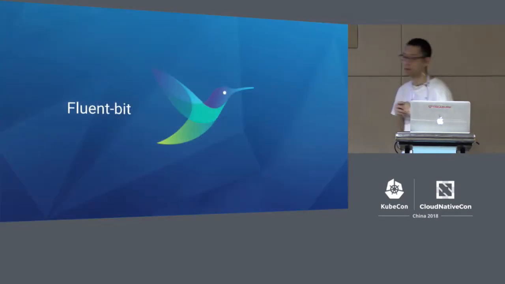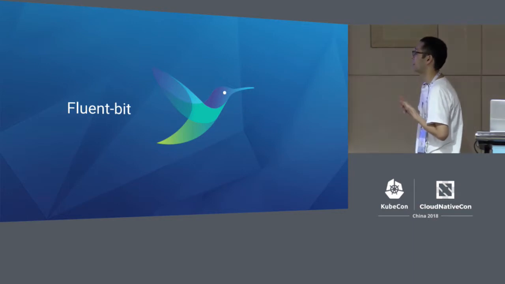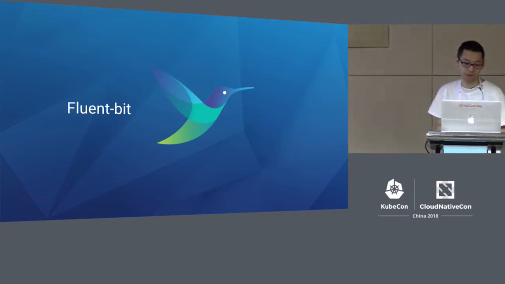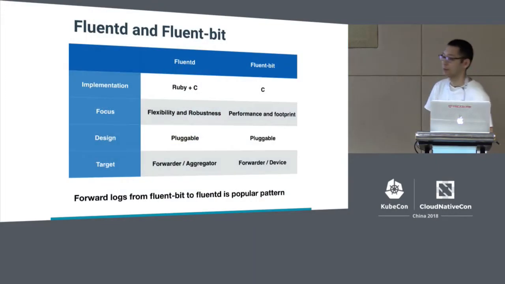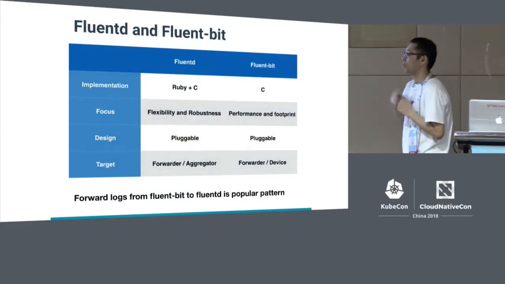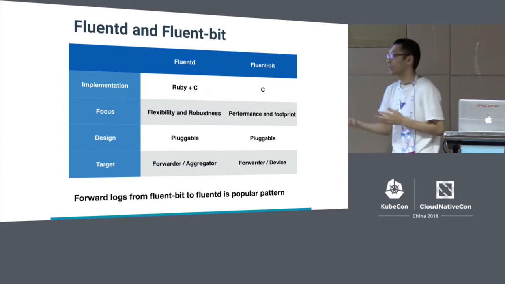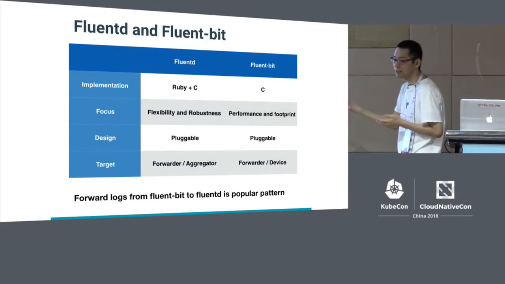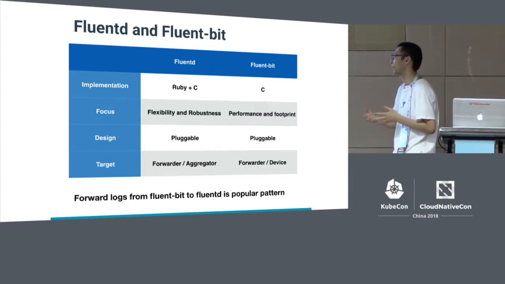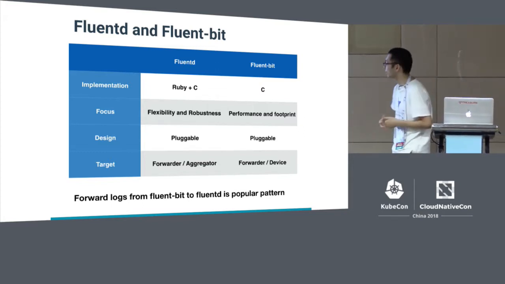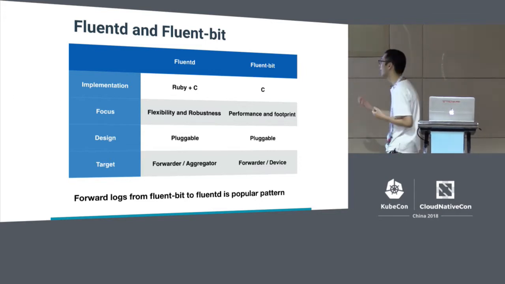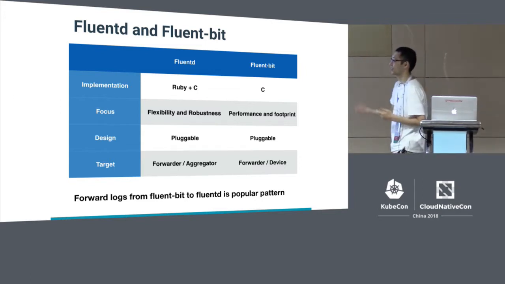Okay, this is the last chapter, and I will talk about Fluent Bit. This is a comparison of Fluentd and Fluent Bit. Fluentd is written in Ruby and C: Ruby for the core and for flexibility of the plugins, and C for I/O-heavy work and data serialization.